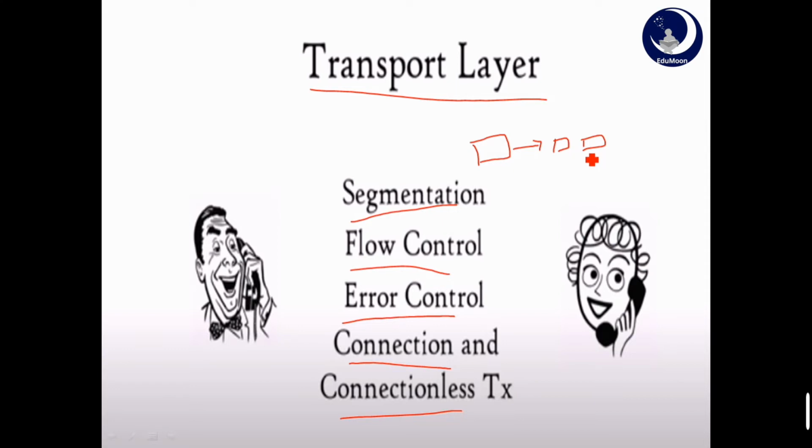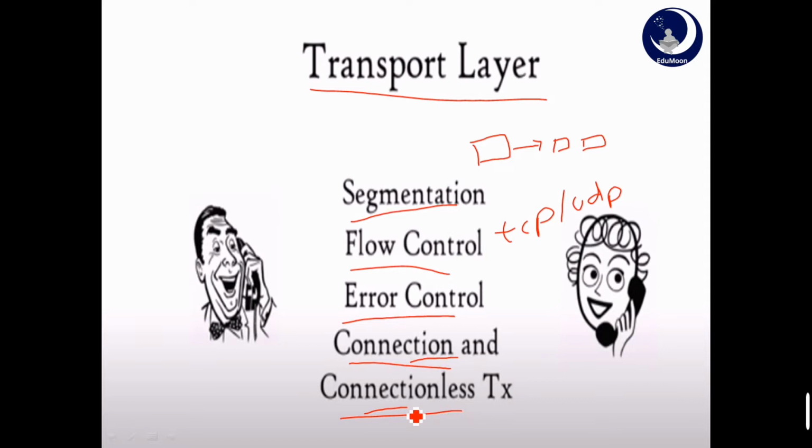Whereas flow control helps to control the amount of data transmitted using the checksum rule. And it uses protocols like TCP and UDP. It performs 2 types of services, that is, first one is connection oriented and next one is connectionless oriented services.